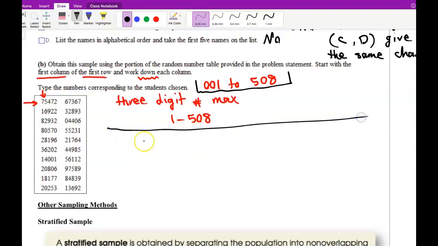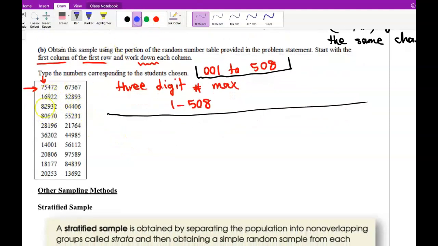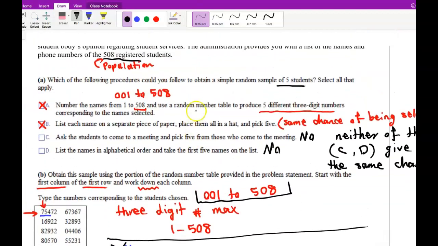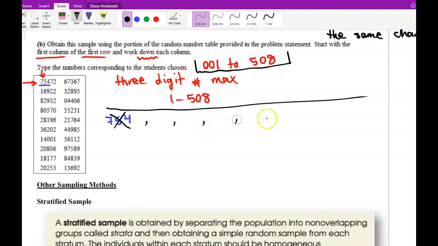Okay, now choosing what numbers we have, starting from the first row, first column. Now we have 3 digits. 754 is the first one. But this one is greater than 508, so this is not acceptable. And let's see how many we should have. We should have 5. Then the next one is 169. So this is between 1 and 508. We can accept that. 829.